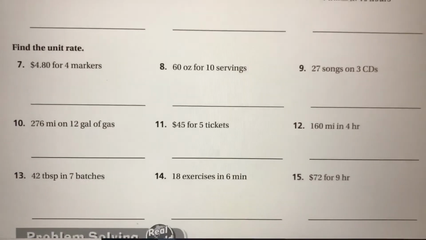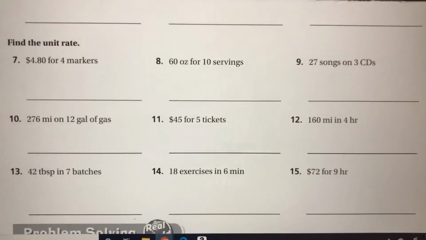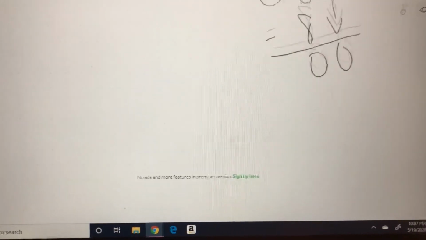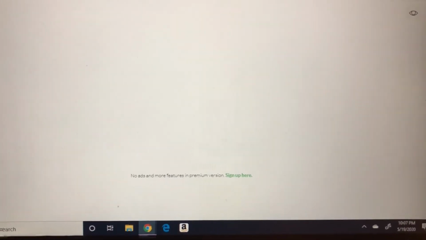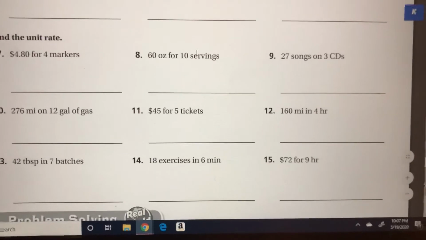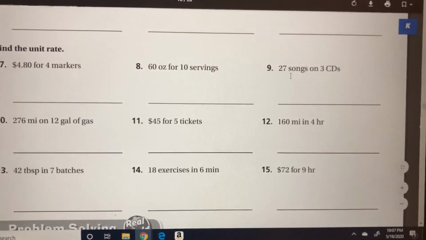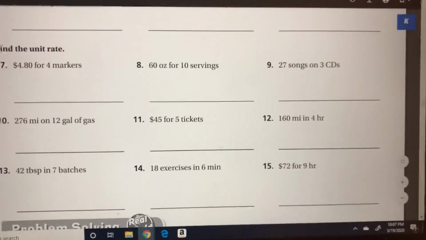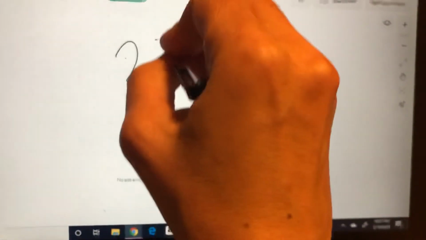Now for number 8, 60 ounces for 10 servings. We want to find the unit rate, so we would divide. 60 divided by 10, that's easy math. It would be 6. Number 9, 27 songs on 3 CDs. Same thing, we would write it as a fraction, which is again simple math.